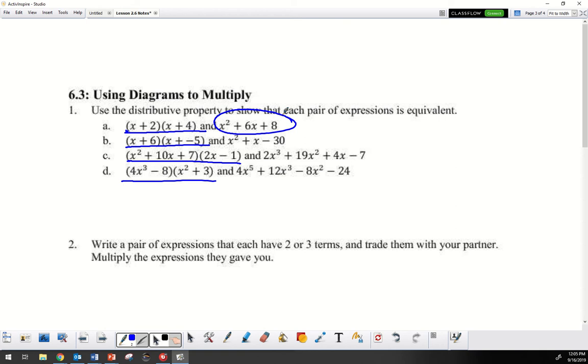So everyone is doing the distribution right now. All 4 of them on there.